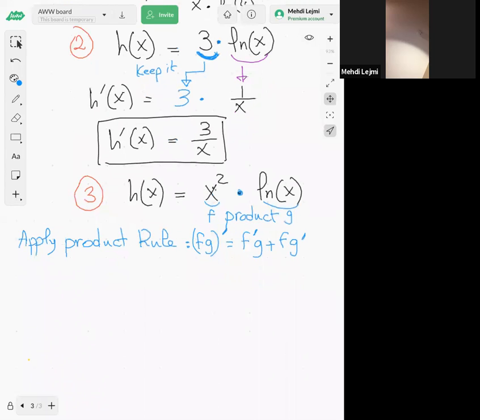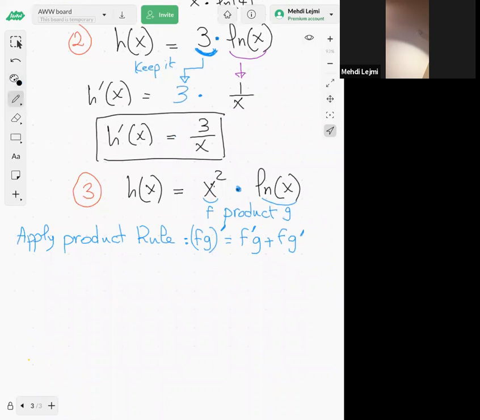So then h prime of x: first, we need the derivative f prime. f is x squared. So what's the derivative of x squared? Power rule, right? Bring down the power in front of x, and then you subtract 1 from the power of x. So it's 2 times x. That's my f prime times g.